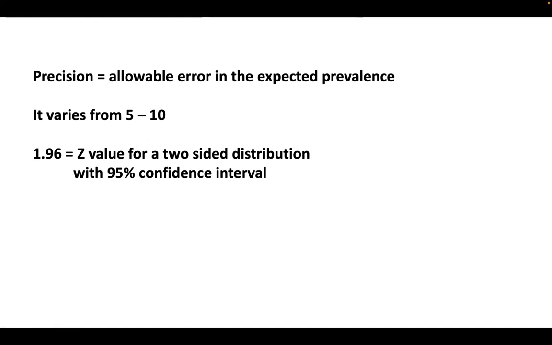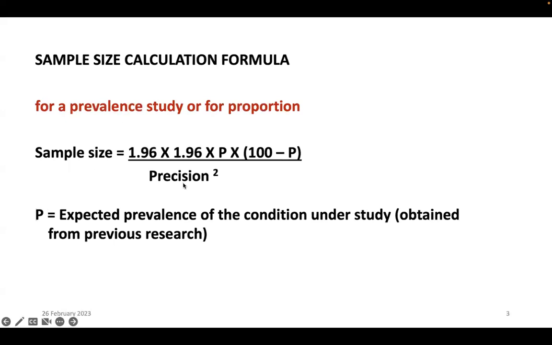And when sample size is lower, power of the study will be lower. So to avoid that, you can go for lower level of precision in this formula. Okay, is it clear? Yes, sir.